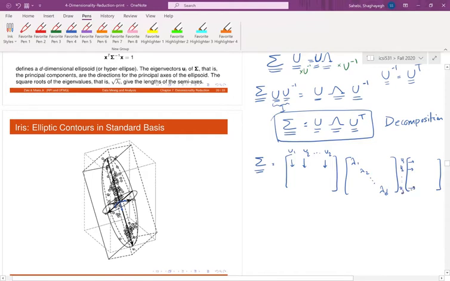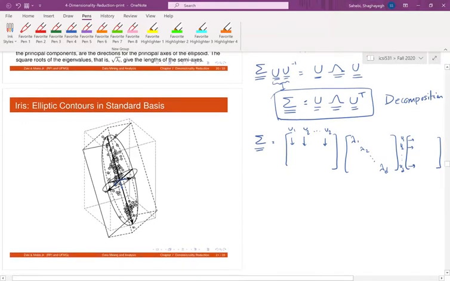So I can rewrite this multiplication in terms of vectors now. I can say that sigma is equal to u1 lambda 1 u1 transpose, so vector u1, plus vector u2 lambda 2 u2 transpose, plus vector ud lambda d ud transpose.